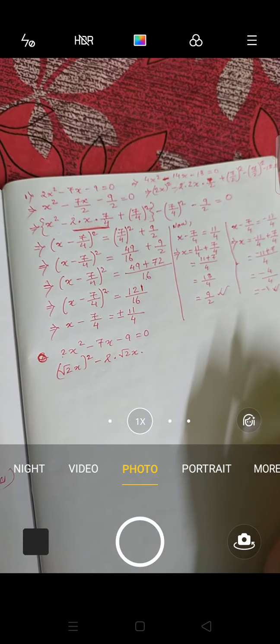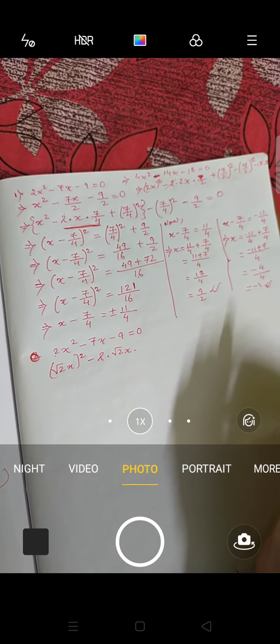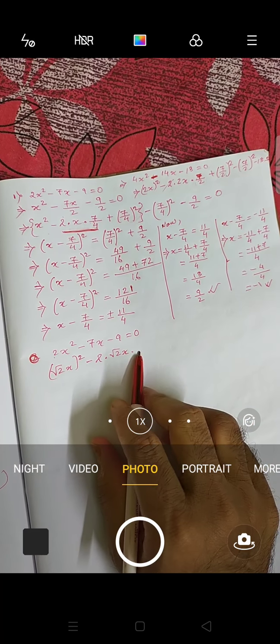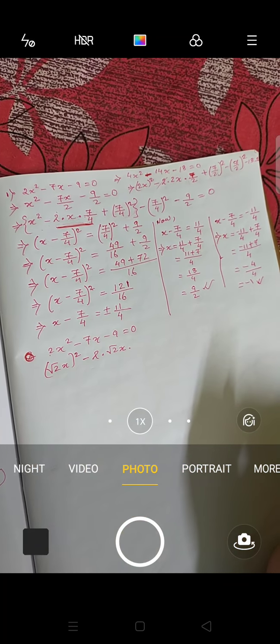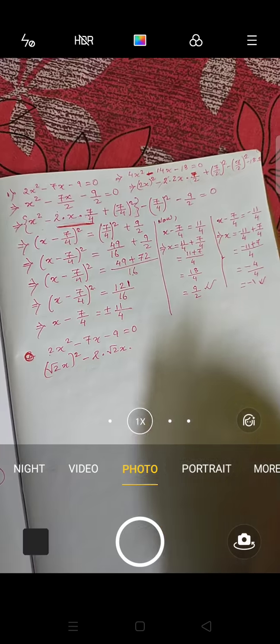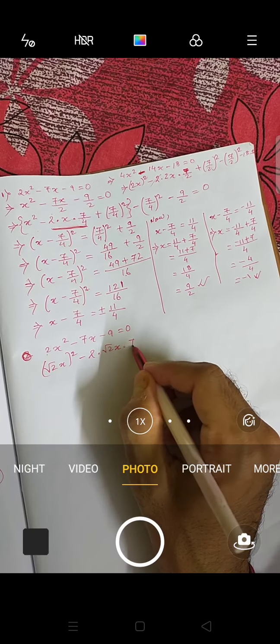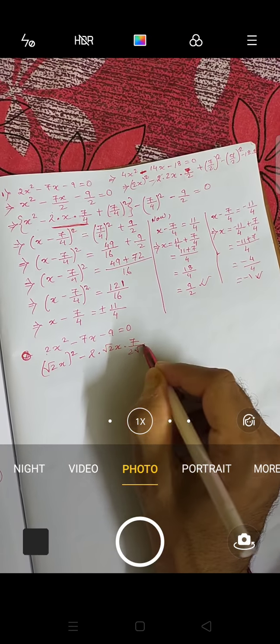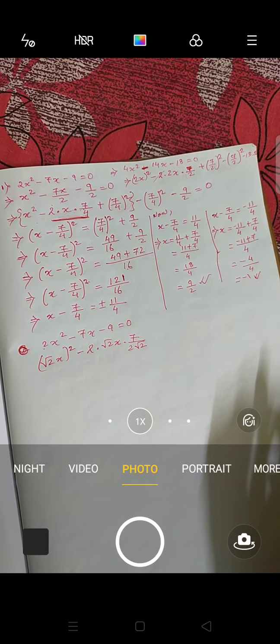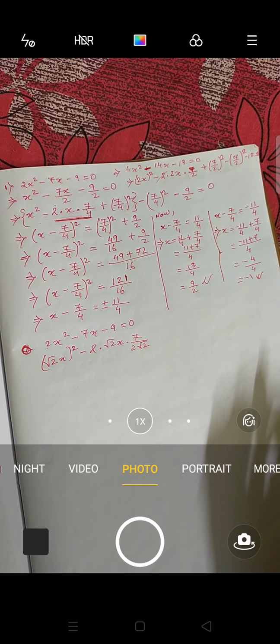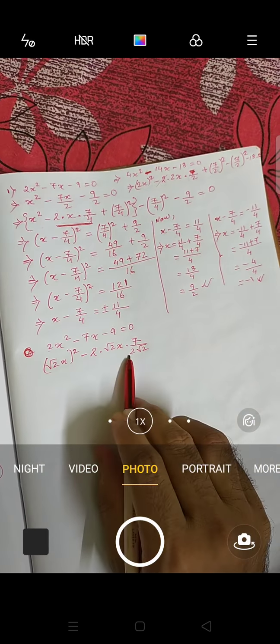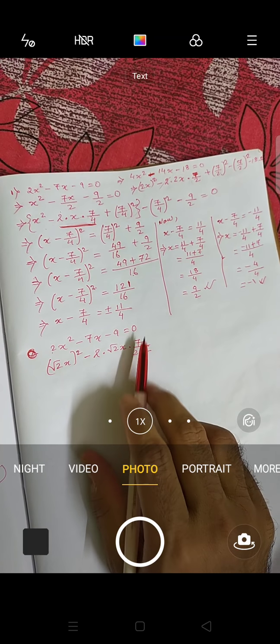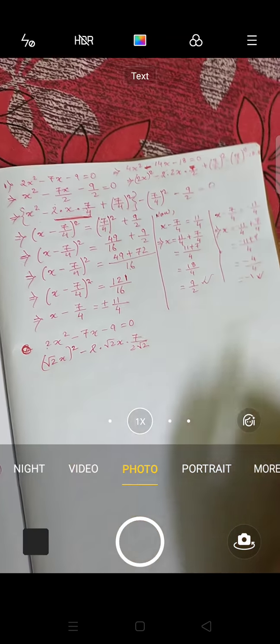Now b you have to take in such a way that you should get 7. Okay? So can I say that I will take 7 by 2 root 2? These two cancel, root 2 and root 2 cancel. So I am having only 7x. Yes or no?